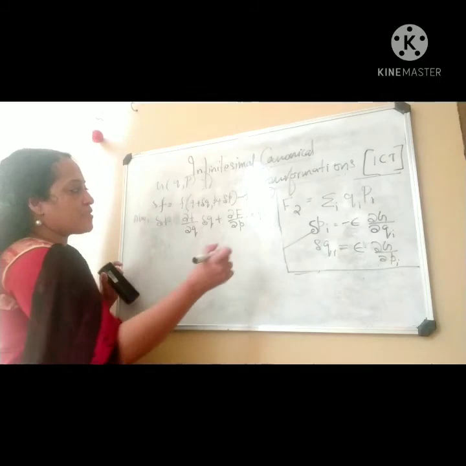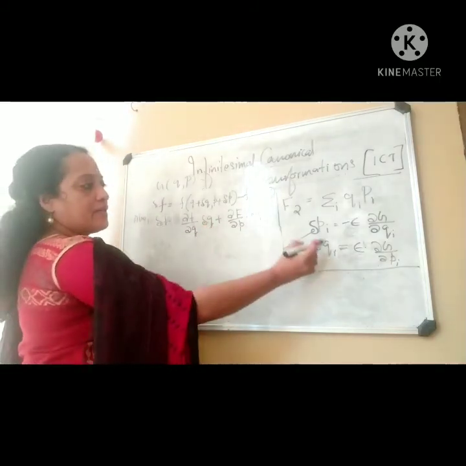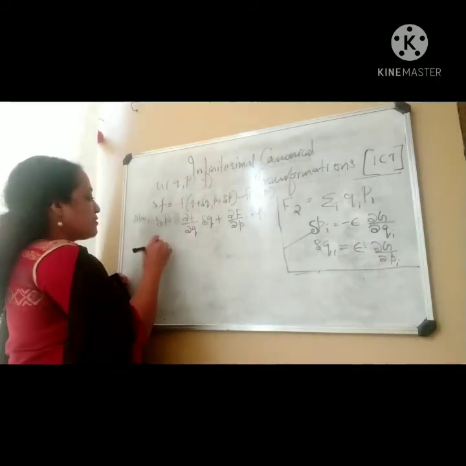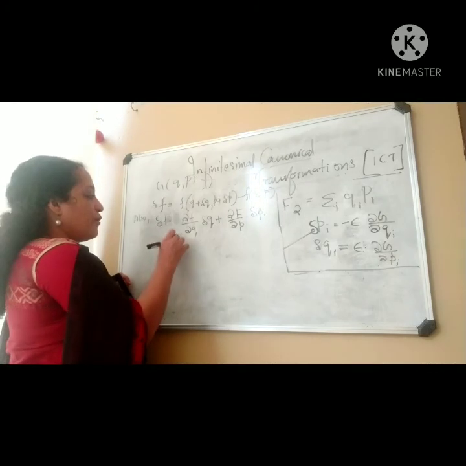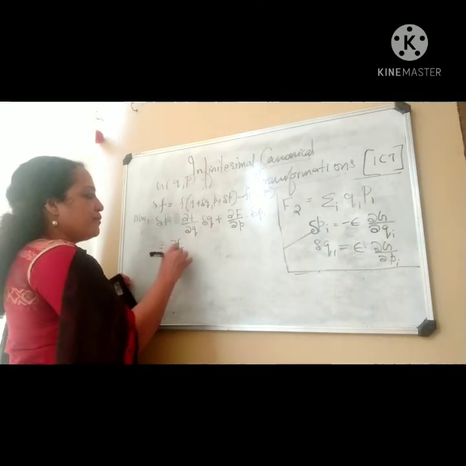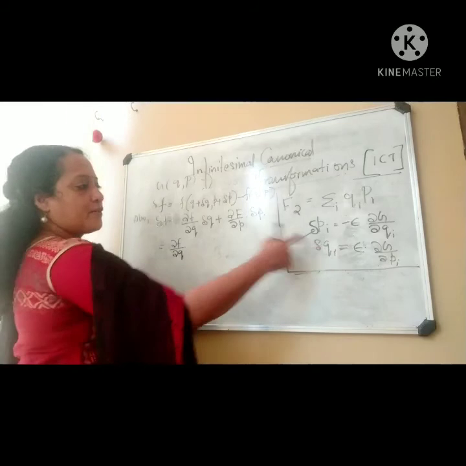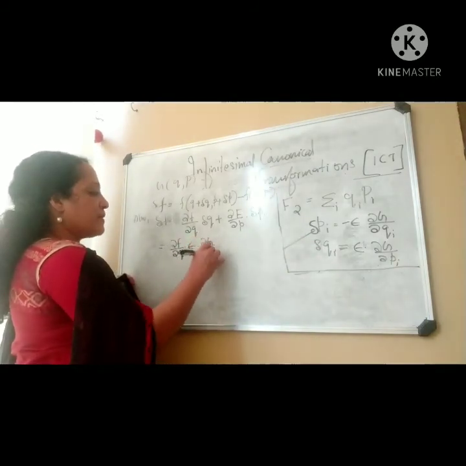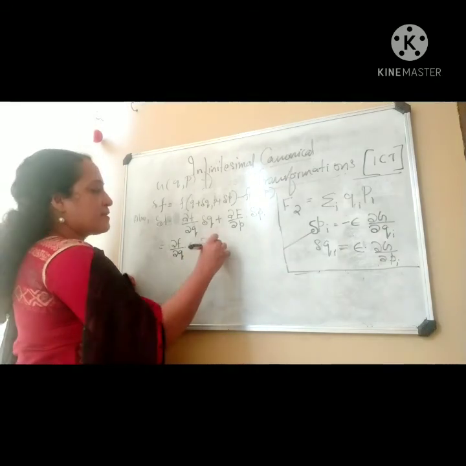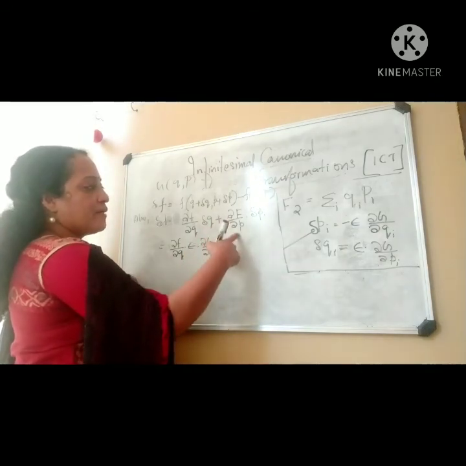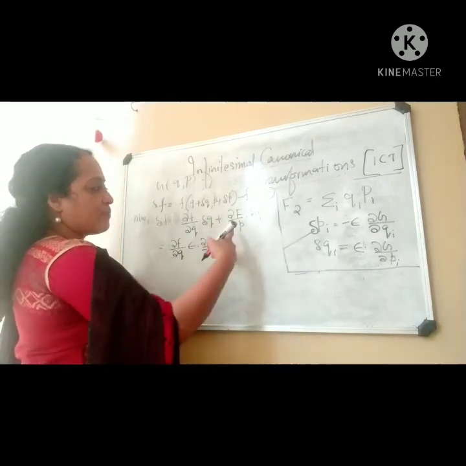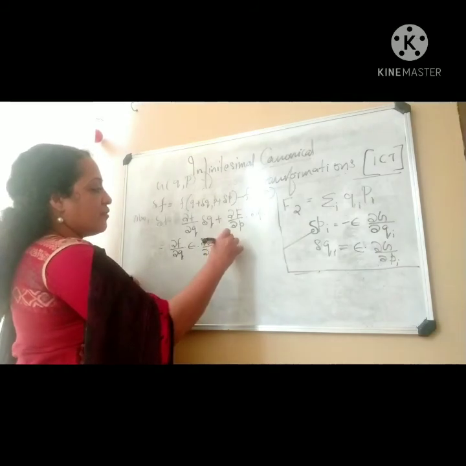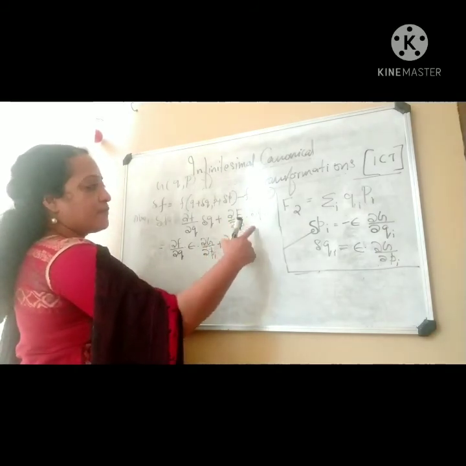Now we can substitute for delta q and delta p from the above equation. So this becomes dou f by dou q into, instead of delta q, epsilon into dou g by dou pi, plus dou f by dou p into delta p.